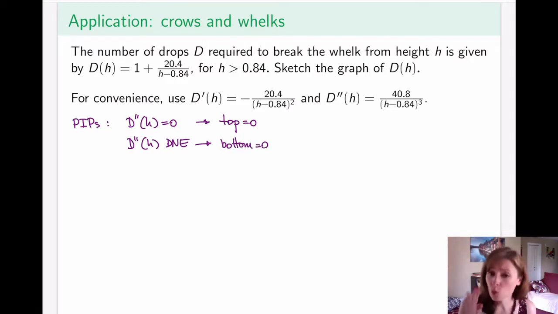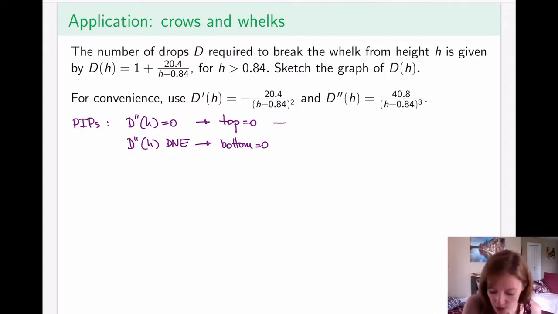I would like to warn you here, though, that this type of top-bottom analysis only works if your function is one big fraction. So for example, it wouldn't work on this part here because you don't have one fraction, you have 1 plus something else. So you cannot say that this whole thing is 0 when the top of a fraction is 0. This analysis only works if your function is just one compact fraction all in one, okay?